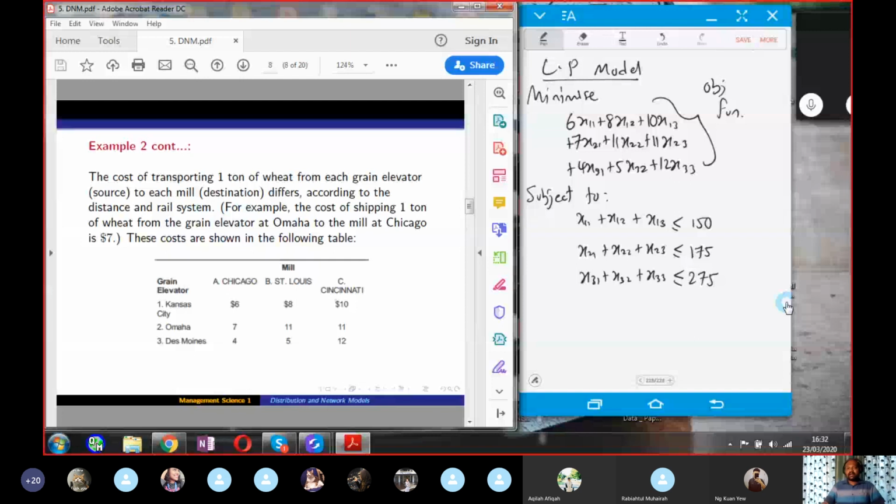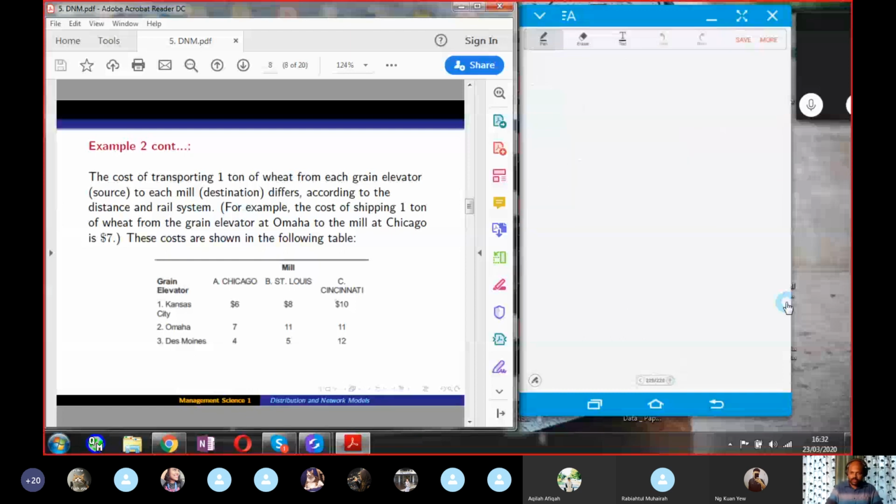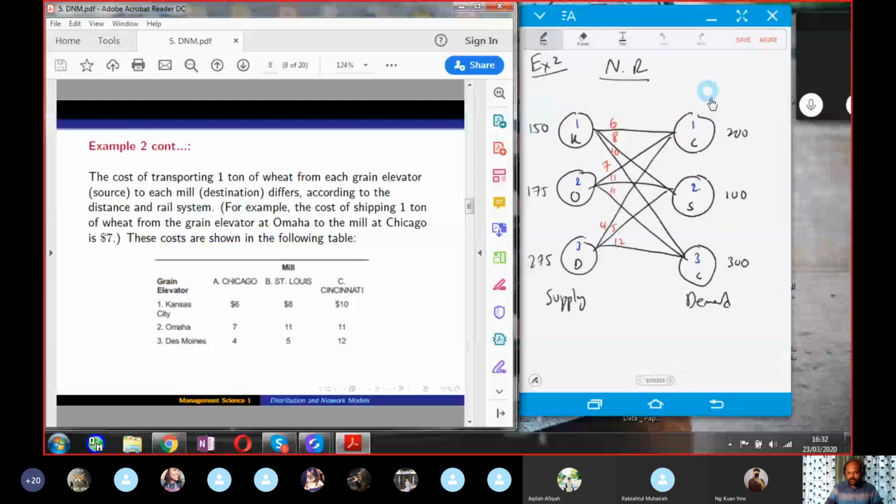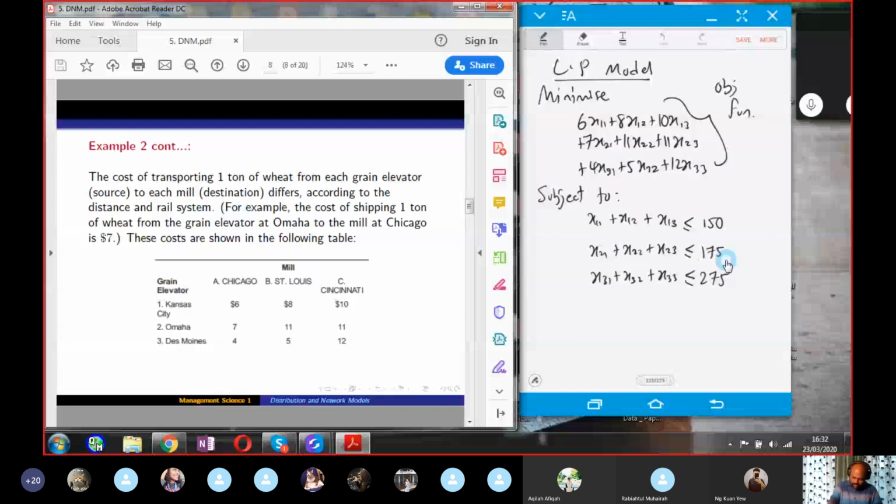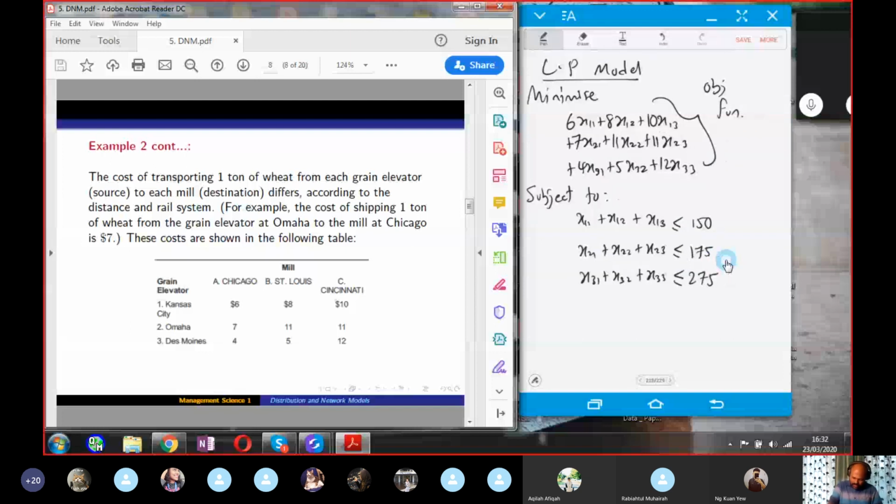These are the constraints from the supplier. Now, demand. The demand should be 200, 100, 300. So right here, 200, 100, 300. What are the quantities that go inside here? 1, 1, 2, 1, 3, 1.